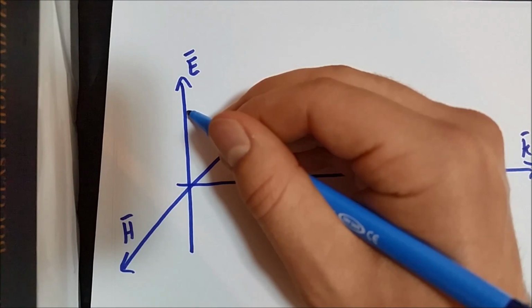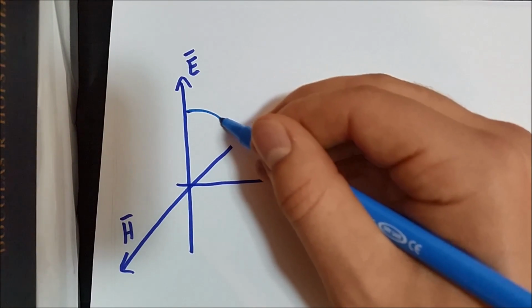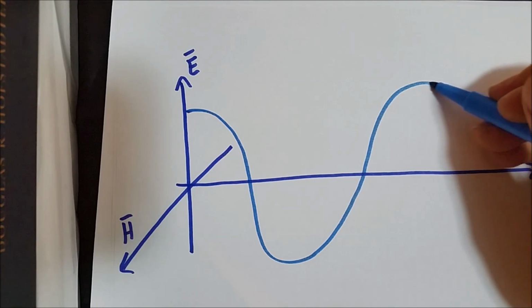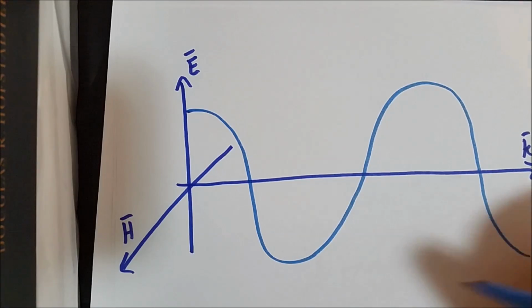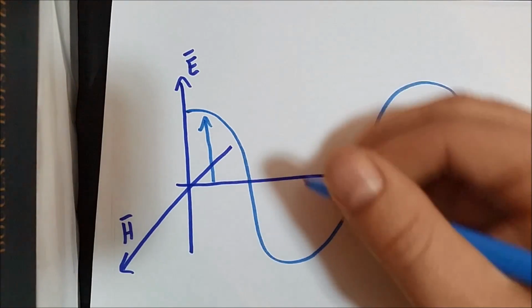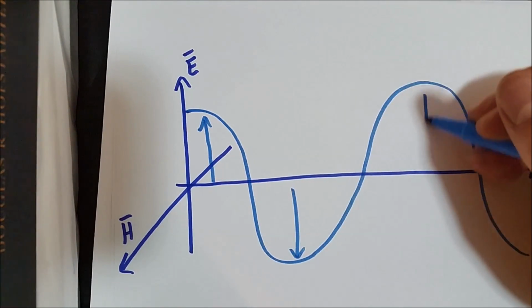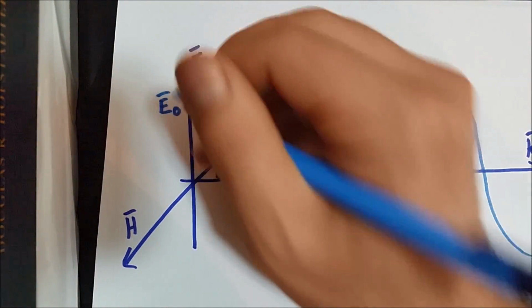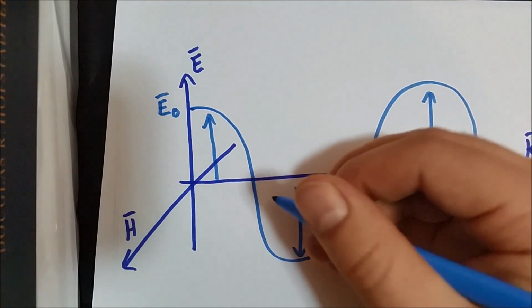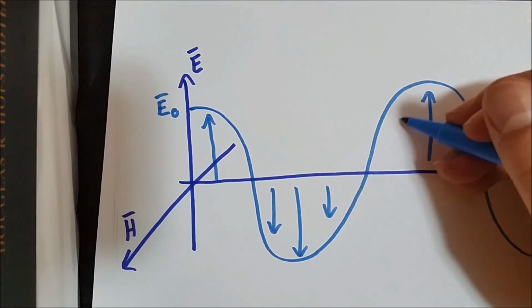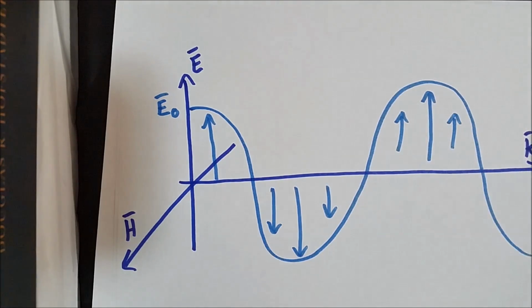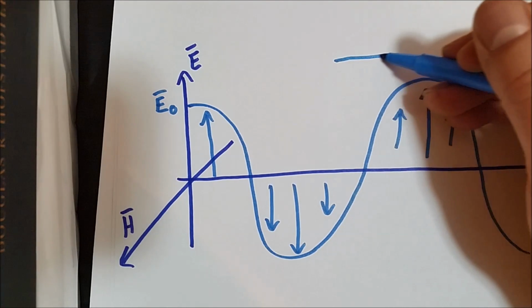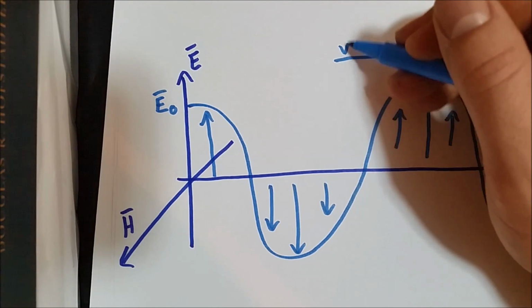We then know that the electric field is varying along this axis with respect to time and space, and it has some magnitude E0. I can draw it out. And the direction of motion is this way at some velocity.